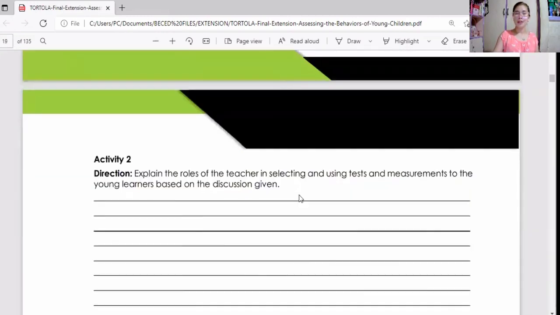And then for the activity 2, you are going to explain the roles of a teacher in selecting and using tests and measurements to the young learners based on the discussion given. So diay ang mga role na to as teacher in selecting and using test measurements.